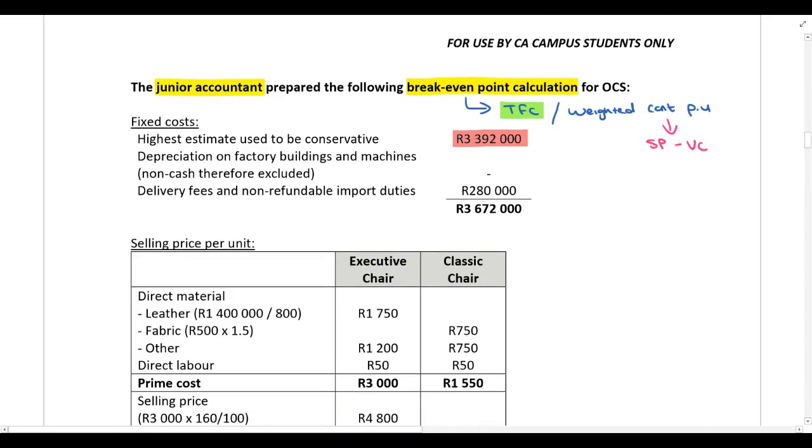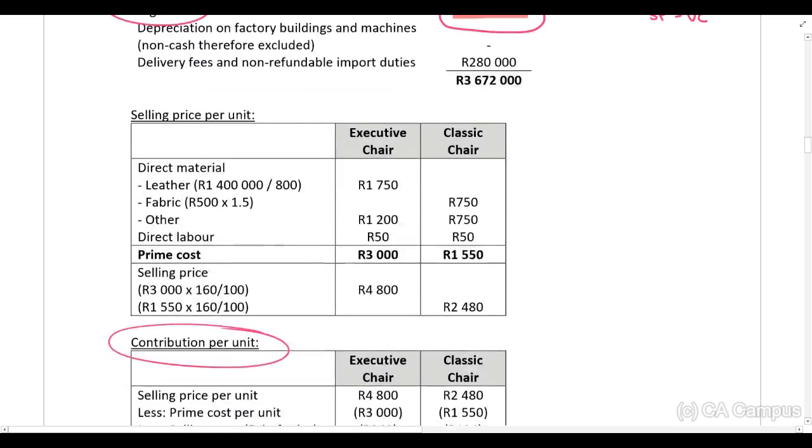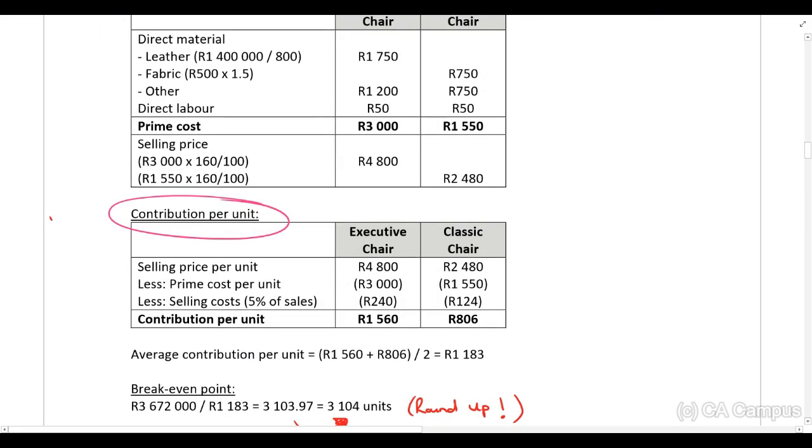The error is that he's included a semi-variable cost in the calculation of total fixed costs, and that's not correct. How should this be corrected? He should use the high-low method to split that cost into its fixed and variable portions. The fixed cost should be included in the calculation of fixed costs, and the variable portion should be included in the calculation of contribution per unit.